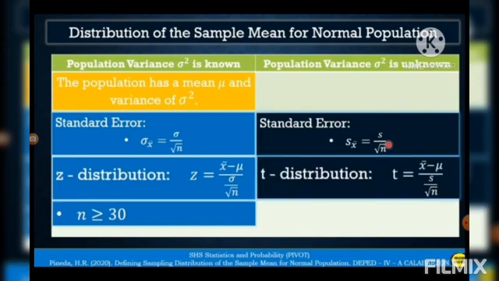So here the t distribution equals x̄ minus μ over s over √n. So that is the formula of the t distribution and the standard error.